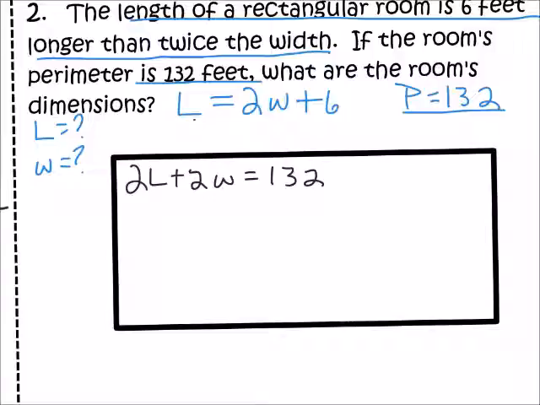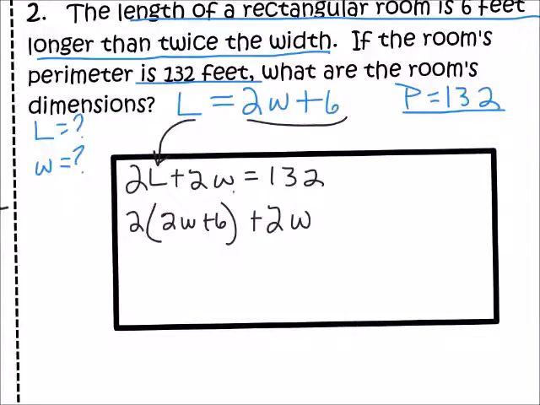Now we can substitute L in, so we have 2 times 2W plus 6, plus 2W, because we have to include that.